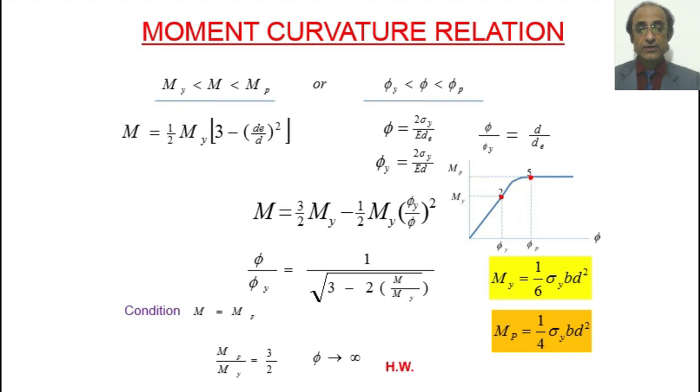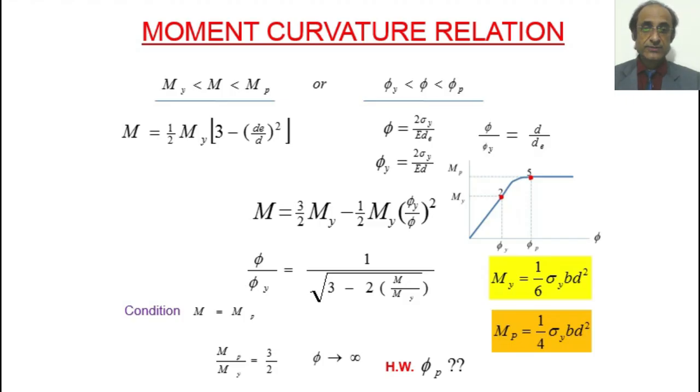Now it's your homework to obtain an expression for the curvature at the onset of the plastic stage, that is when M is equal to Mp. Now how would you find it? I am giving you a clue that this equation has a point of singularity at M equal to Mp.